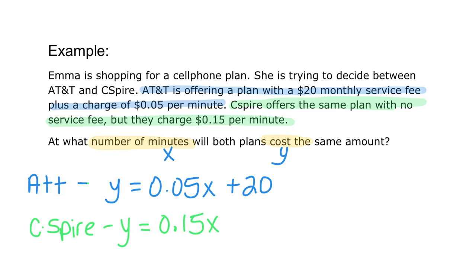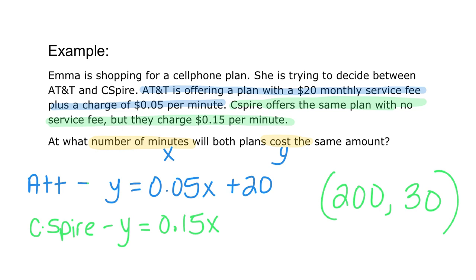So then we can graph that in Desmos and find our answer. Or I just happen to remember the answer, sort of, we just calculated it anyway. But if you graph that in Desmos, it would cross at (200, 30).